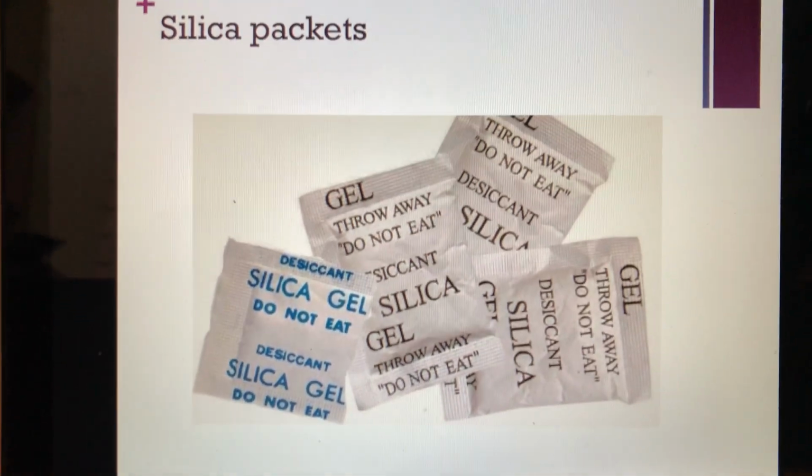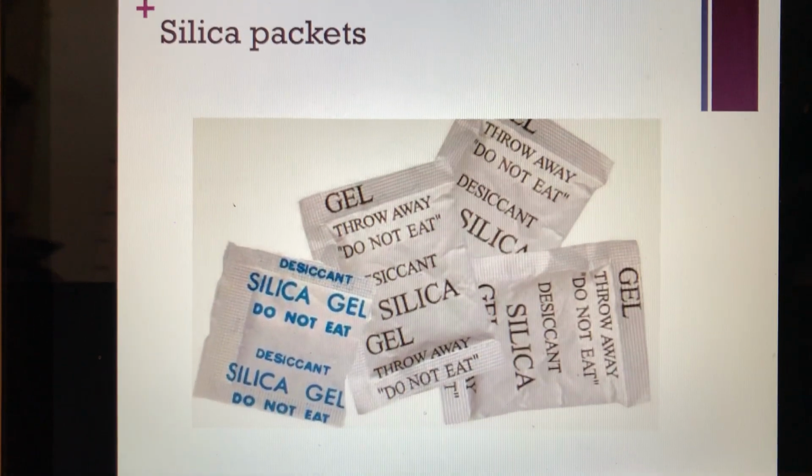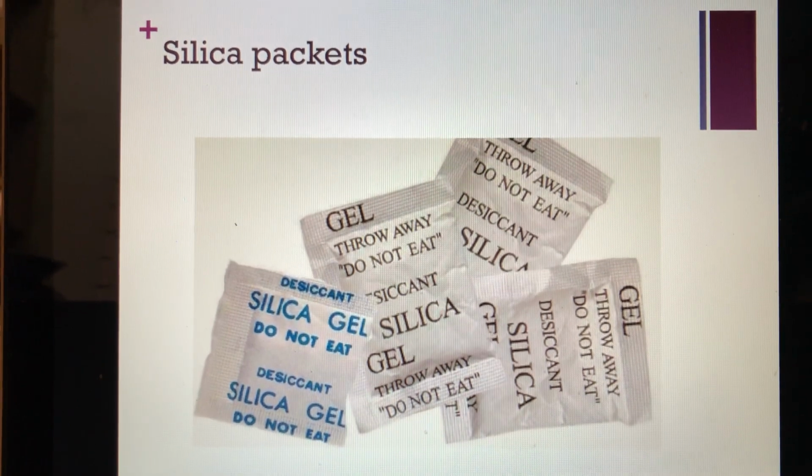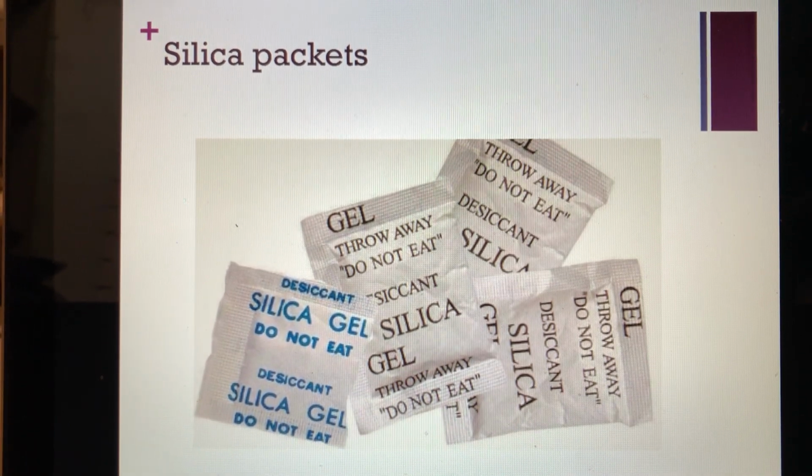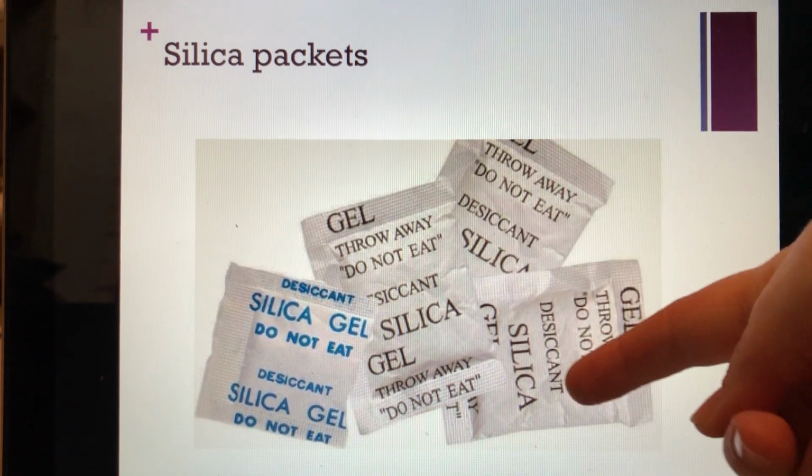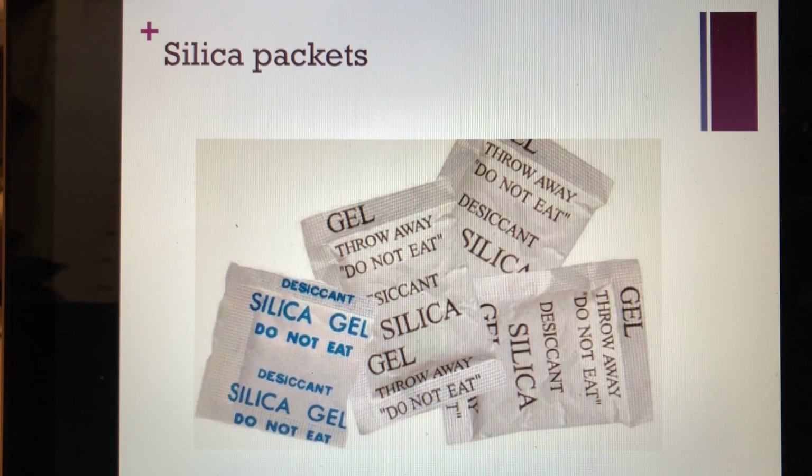So silica packets. Silica packets are usually included in all medications. We talked about already putting cotton in the pill vials that we're dispensing. That is to absorb moisture. That's what these silica packets do as well. It's a desiccant. You can see it right on there, desiccant. That means that it absorbs moisture from the air.